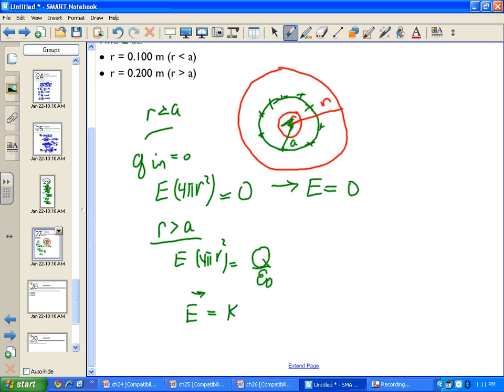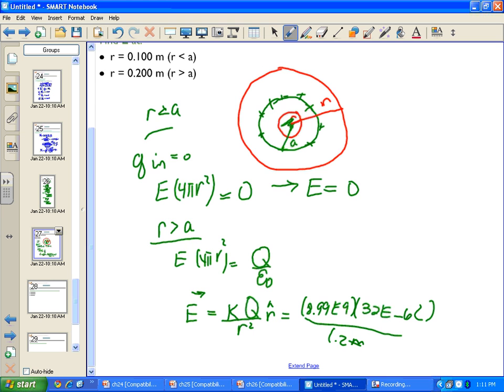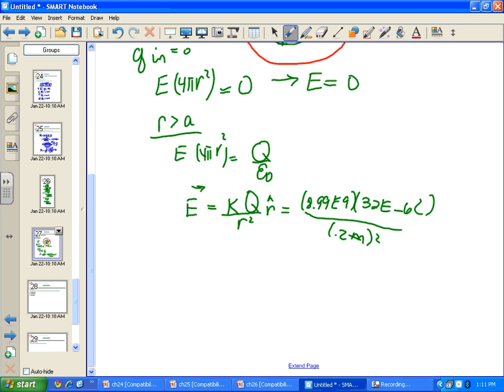E equals k Q over r squared in the r hat direction, 8.99 e to the 9 times 32 e to the minus 6 divided by 0.2 meters squared, which is the radius of our Gaussian sphere, and we get a value of E, which is equal to 7.19 e to the minus 6 Newton per Coulomb in the r hat direction.